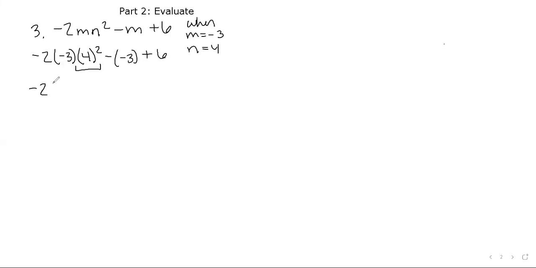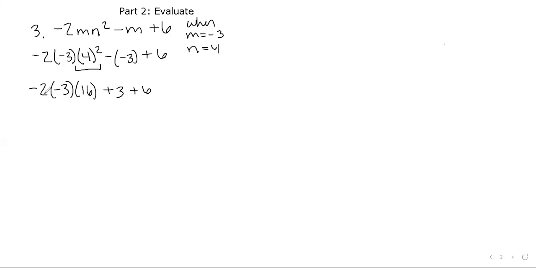So I'm going to bring down the -2 times the -3, and then 4 squared is going to be times 16, okay? This minus -3, I'm going to go ahead and change that to +3 so I can get it out of the way.